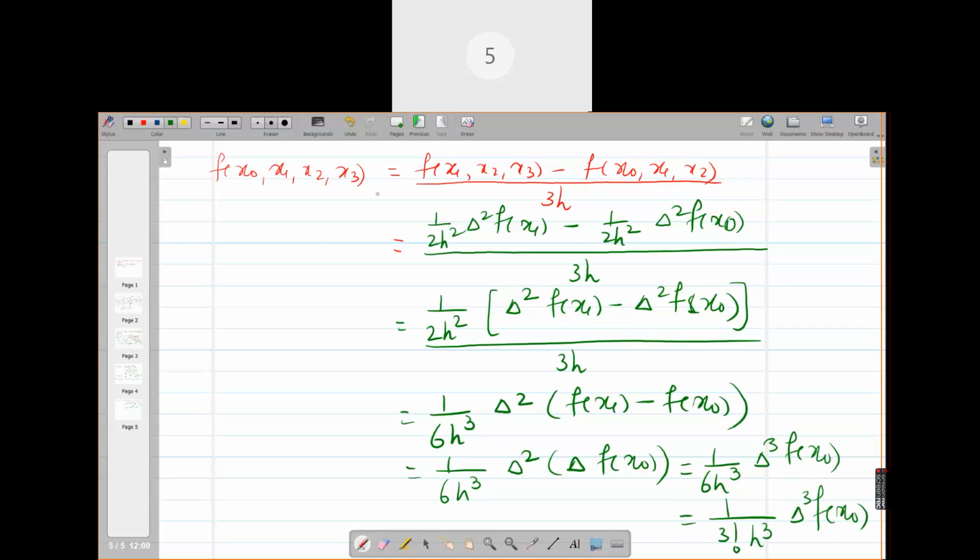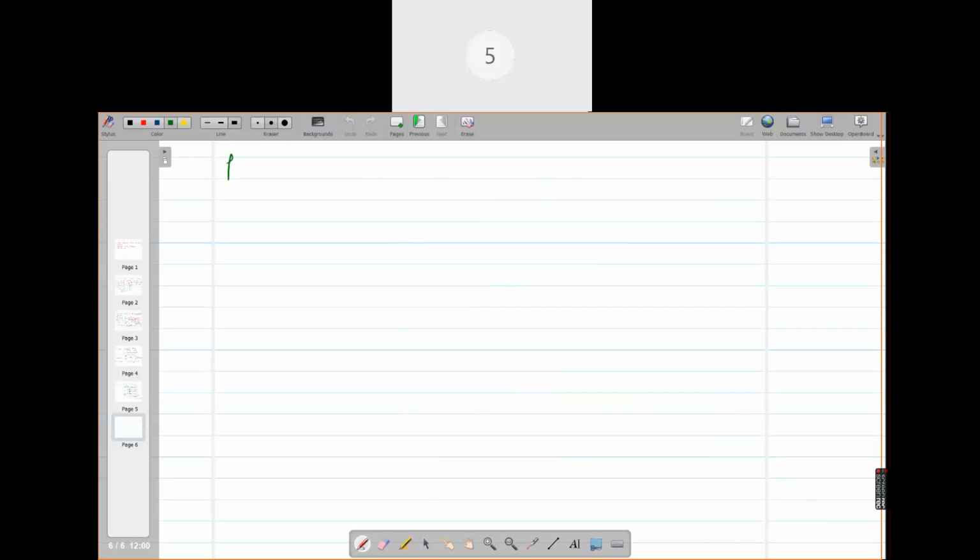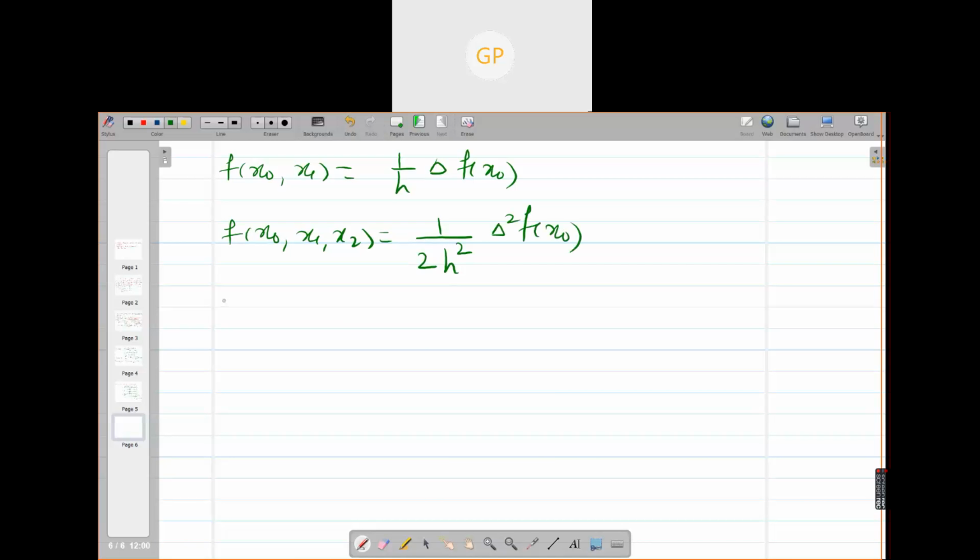Yes, ma'am. So see, initially we got this: f of x0, x1 is 1 upon h delta f x0. Then f of x0, x1, x2 is equal to 1 upon 2h square delta square f x0. Then with 4 arguments, we have 1 upon 3 factorial h cube delta cube f x0.